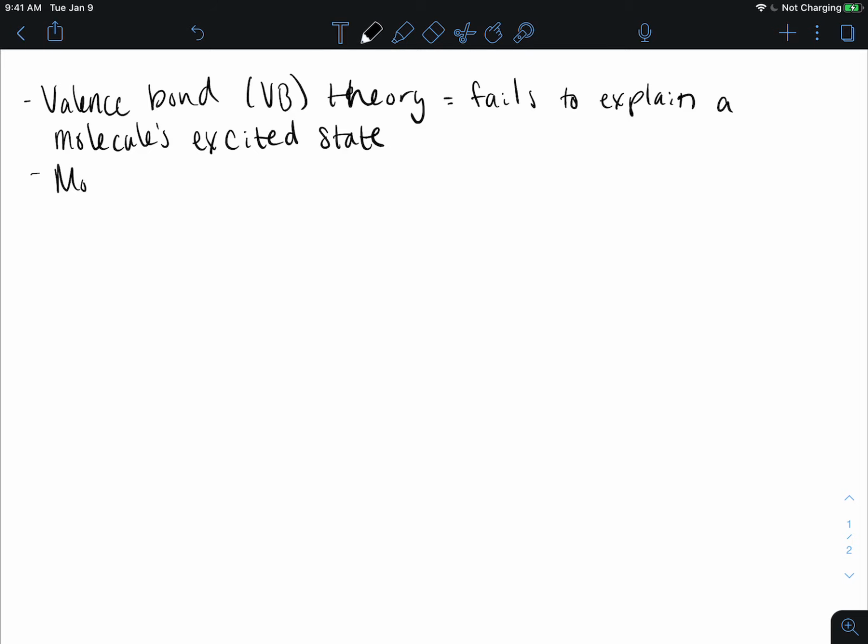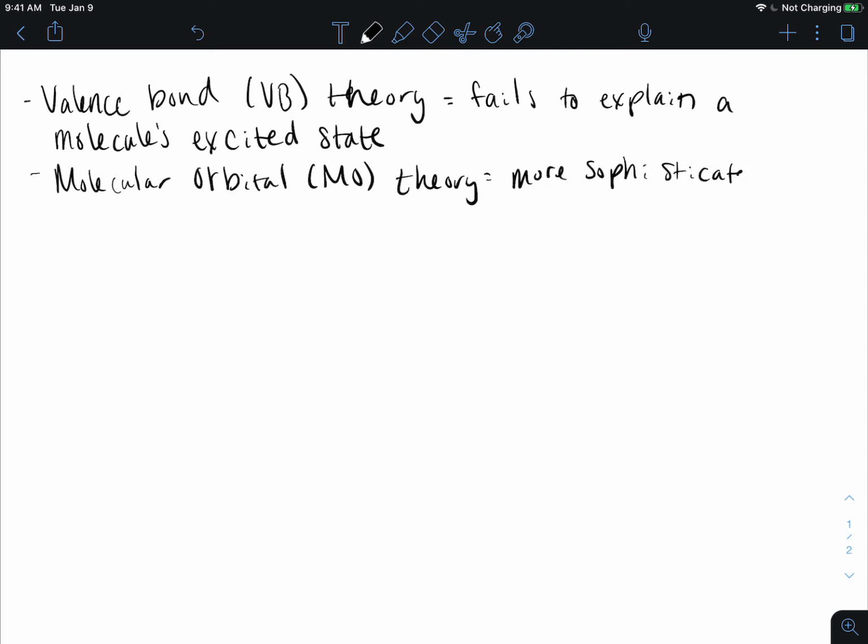So our molecular orbital theory, which we call MO, is more sophisticated. And instead of looking at atomic orbitals, it uses the idea of molecular orbitals.